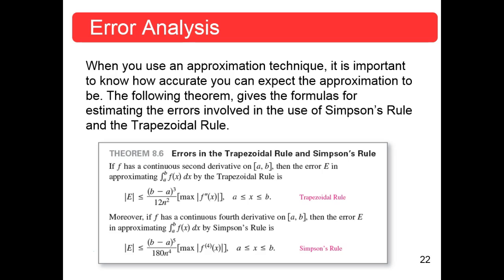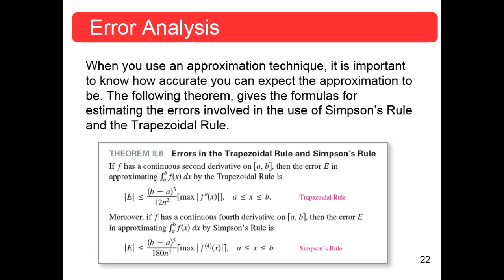Moreover, if f has a continuous fourth derivative on a to b, then the error, E, in approximating the function by Simpson's rule, the absolute value, will be less than b minus a to the fifth power, so that makes the numerator even bigger.